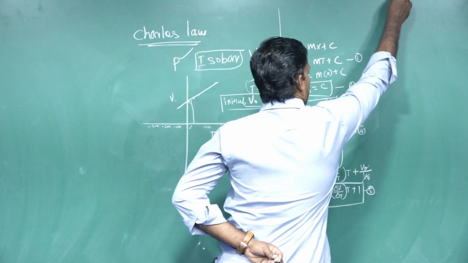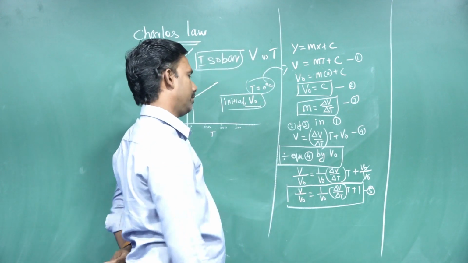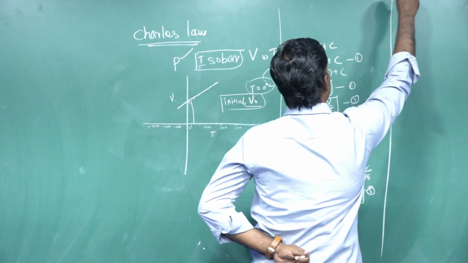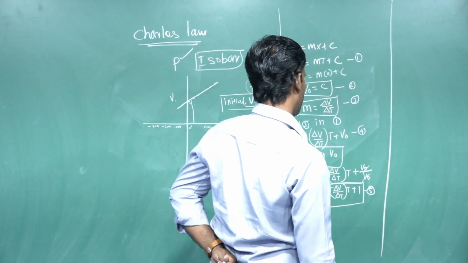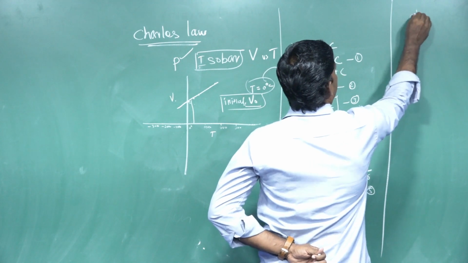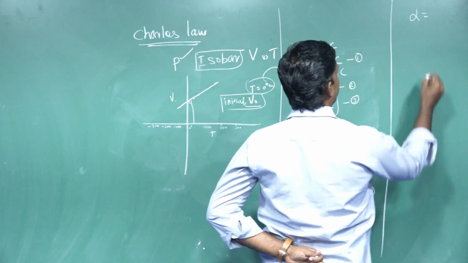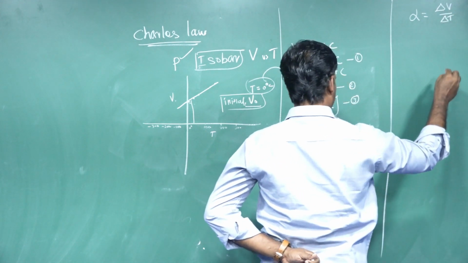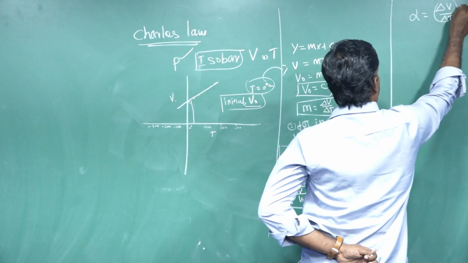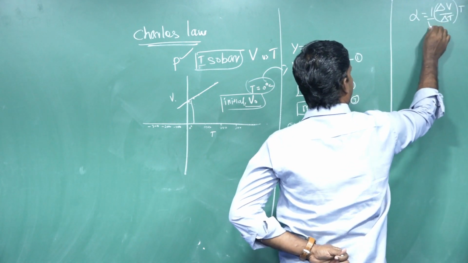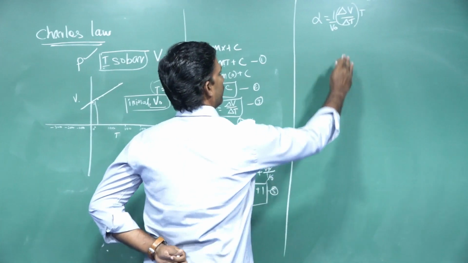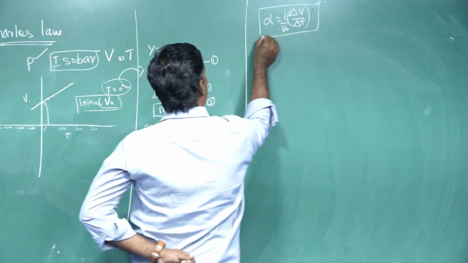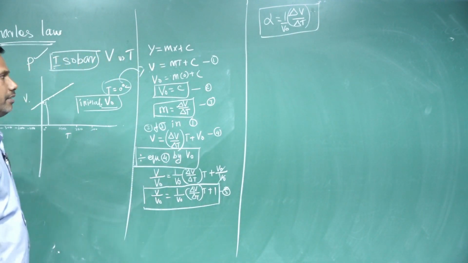Charles and Gay-Lussac discussed together and introduced the term alpha equal to 1 by V naught into del V by del T. Alpha is nothing but the volume coefficient.